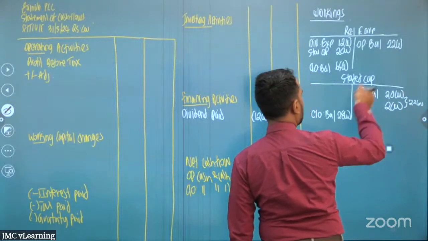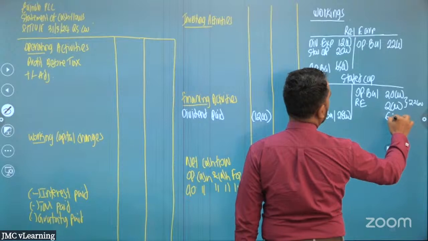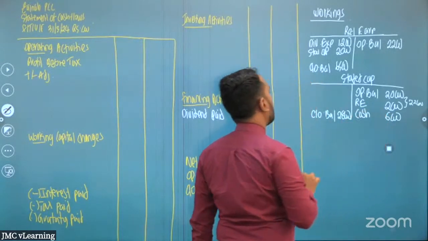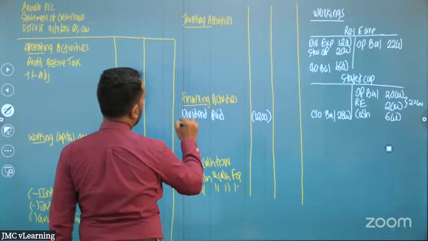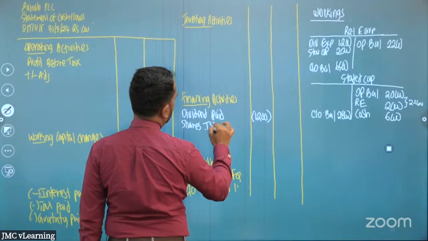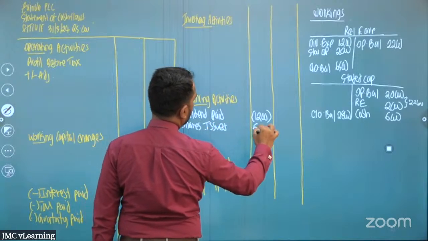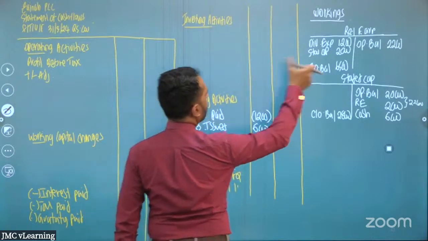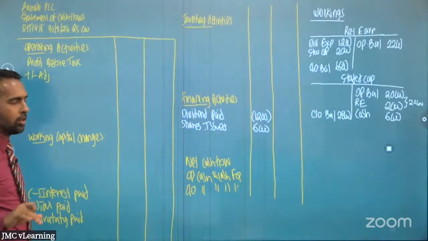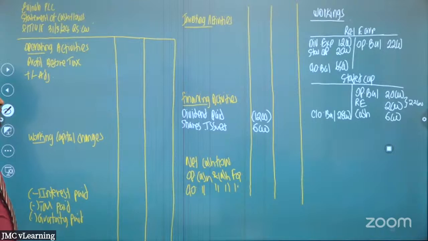Credited to stated capital, and you are going to recognize that under the financing activities, shares issued, debited to cash, 6,000. Credited to share capital, debited to cash, 6,000.